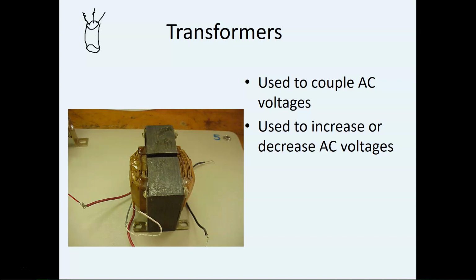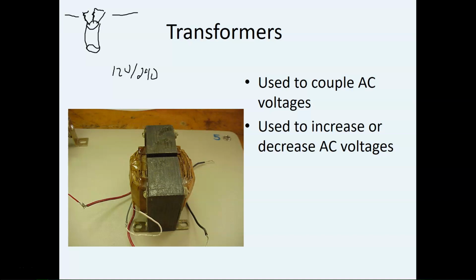Okay? And they will be connected in different ways. But what they do is allow the thousands and thousands or millions of volts that's on a power line, and that's what brings it from that thousands of volts down to 120, 240 that comes into your house.